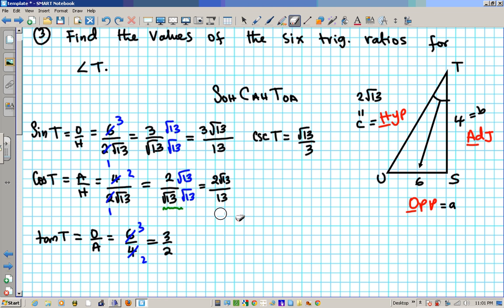So I'm going to choose to reciprocate this piece instead. So for secant T, I'm going to flip this one, and it's going to become the square root of 13 over 2. Last but not the least is cotangent. That has no problem whatsoever because there are no square roots on the numerator. So if I reciprocate this, I'll end up with 2/3, and that's my final answer.